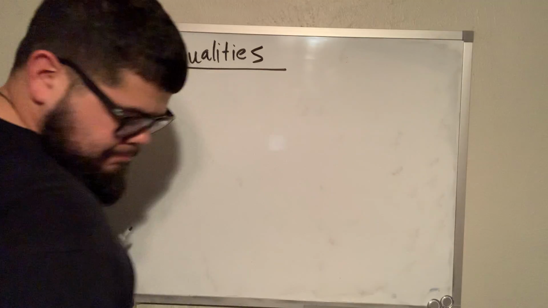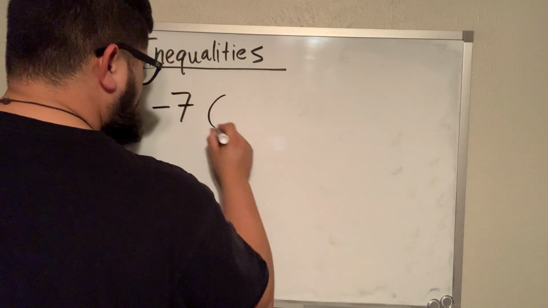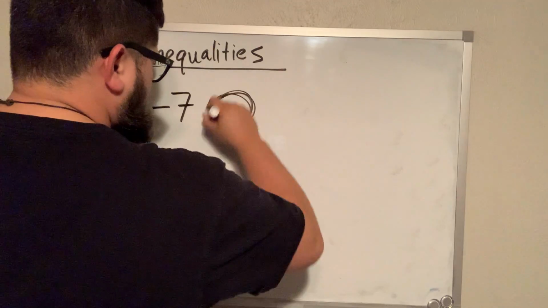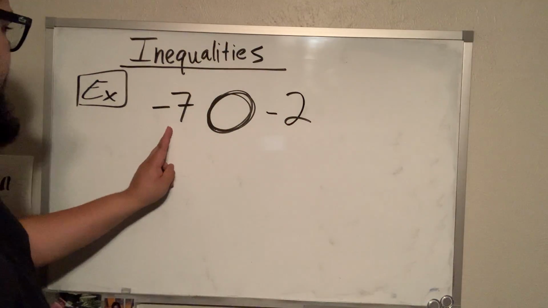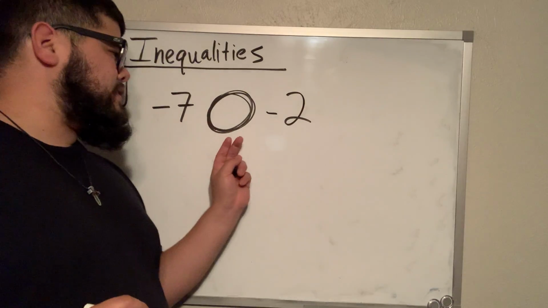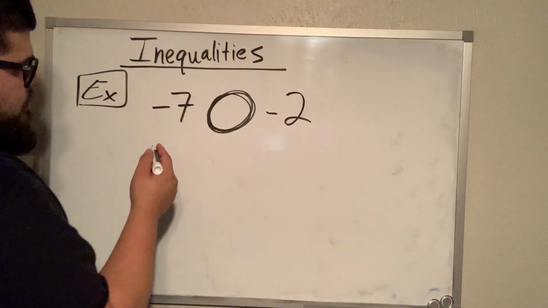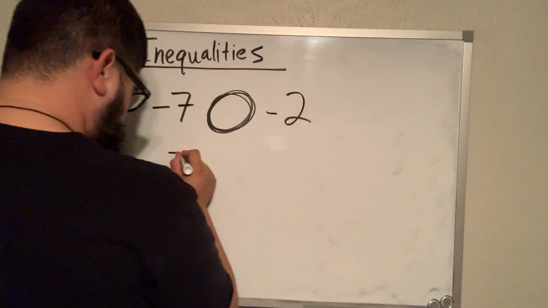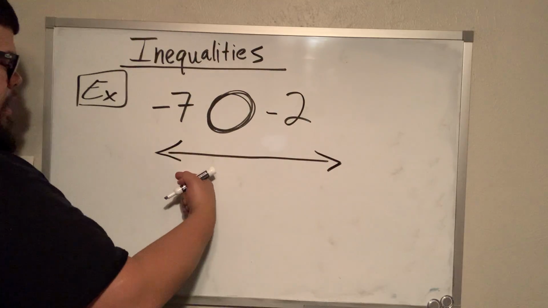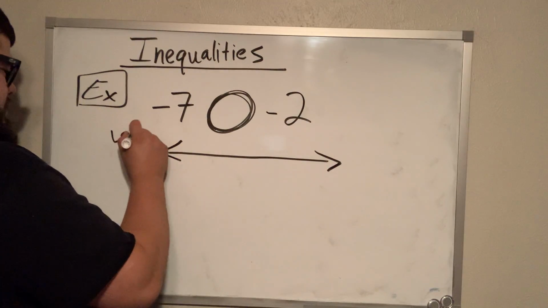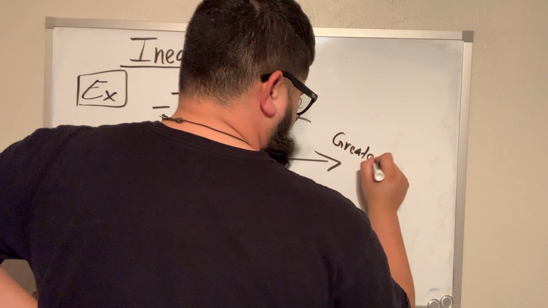Example number 3. We have -7, blank space, -2. Is -7 greater than or less than -2? We got to figure it out. Now, the way we're going to figure this one out is we're going to look at a number line. And we know numbers that are to the left are less. Numbers that are to the right are greater.